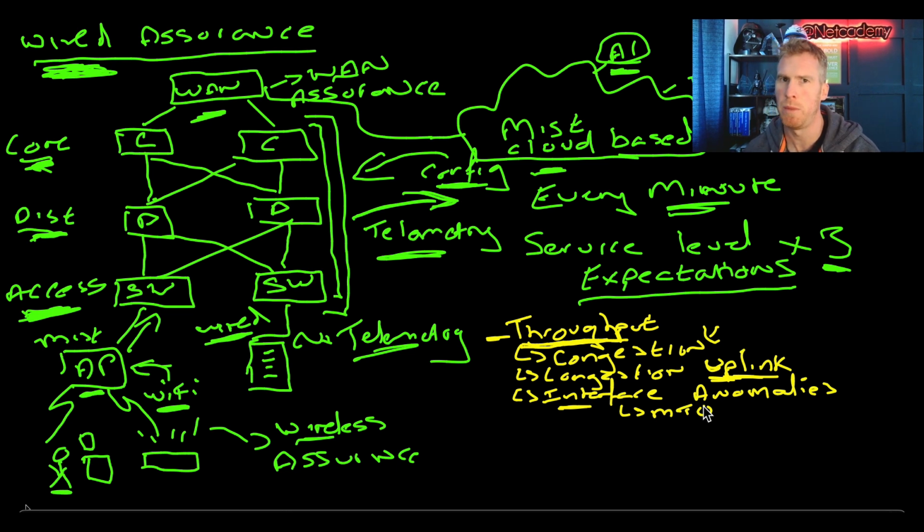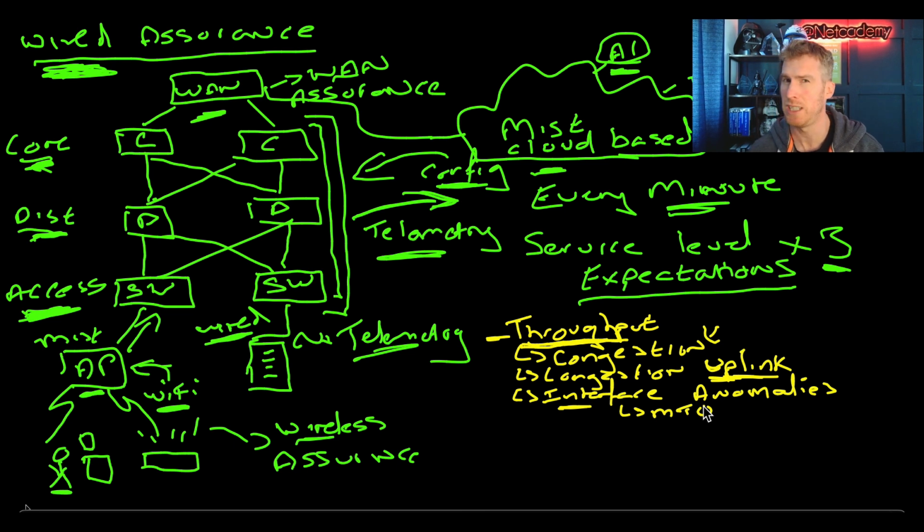Maybe there's an anomaly in the maximum transmission unit that's defined on that switch port, maybe on all the ports on that switch. And if there's a mismatch on the MTU size, that is going to have an impact on user experience, because the MTU being different, maybe that's impacting OSPF and the routing instance isn't coming up, i.e. it's not getting fully established.